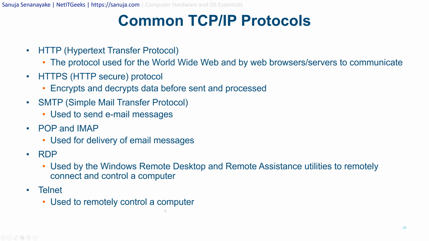Telnet is used to remotely control a computer or a networking device, so it could be a Cisco switch or a router, for example. RDP and Telnet are considered insecure connections, and Telnet is almost becoming legacy as SSH has taken over.